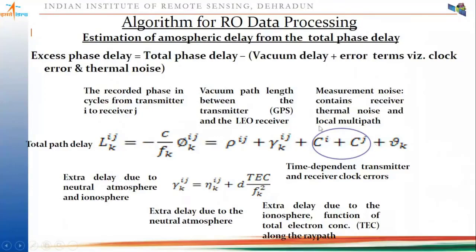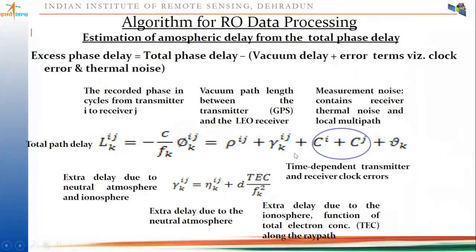So what is rho IJ? That is the geometric length, like in the previous slide where we discussed the same thing: the vacuum path length between the transmitter and the low Earth orbit receiver. C_I plus C_J are the time dependent transmitter and receiver clock errors. The last term, nu, is the thermal noise, local multipath, or any other errors that are there.